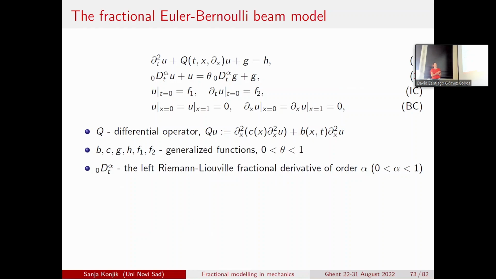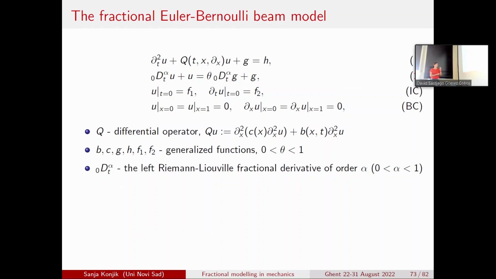In the first one, you see this differential operator Q, and its explicit form is given by this expression here. And then the viscoelastic foundation on which our rod is positioned is given by, you can recognize here, the fractional Zener model. We used it several times before. And we have initial and boundary conditions. It is a finite rod of length 1.